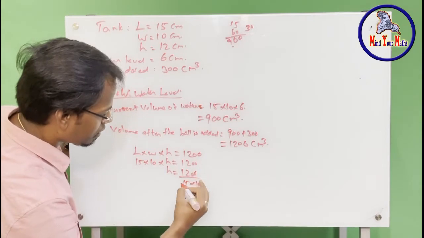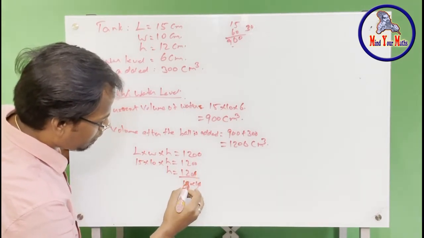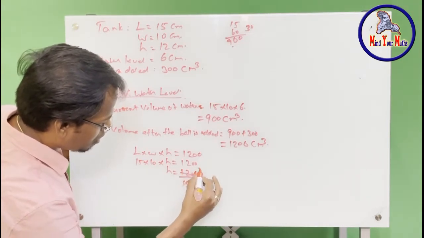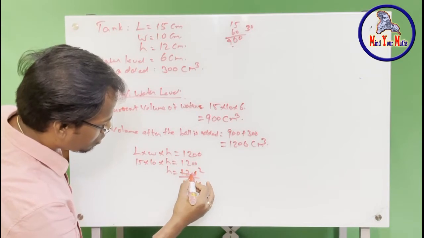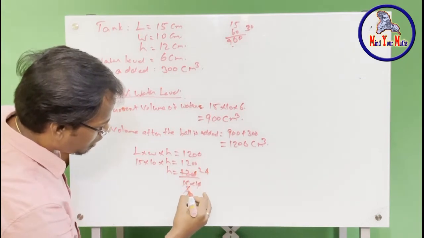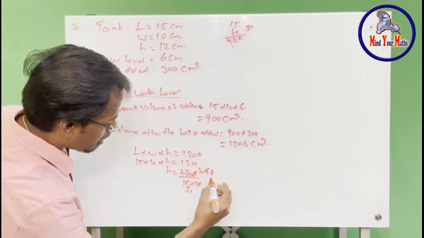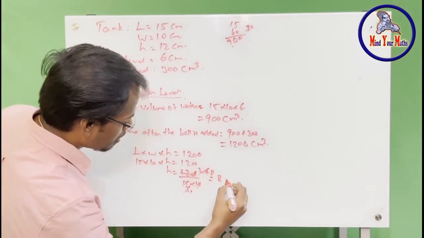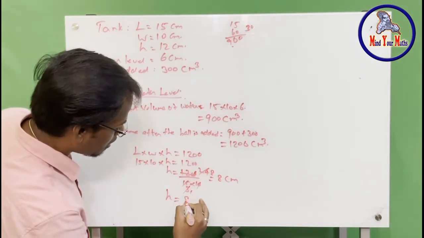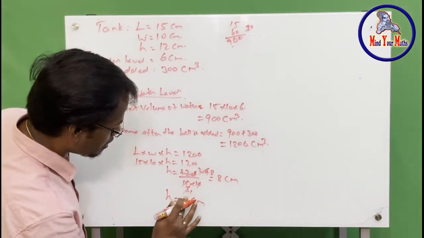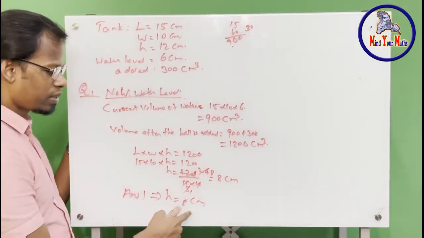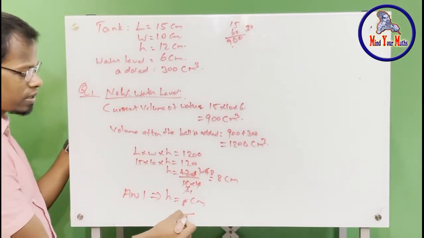Here we can just cancel the 0 to 0, and then in the 15 we can say 3 times 5 is 15, and here 2 times 5 is 10, and then 220. 4 times 5 is 20, and it can still go for 3. 1 times 3 is 3, and then 8 times 3 is 24, right? So 8 centimeter. So the height is 8 centimeter. So that's the answer 1, right? Answer 1 is equal to height is equal to 8 centimeter. So we found the answer 1.